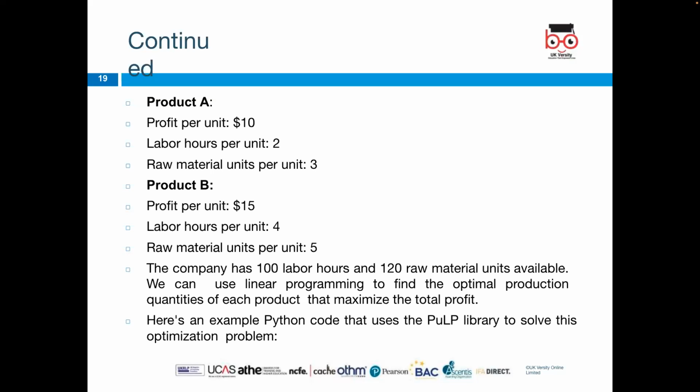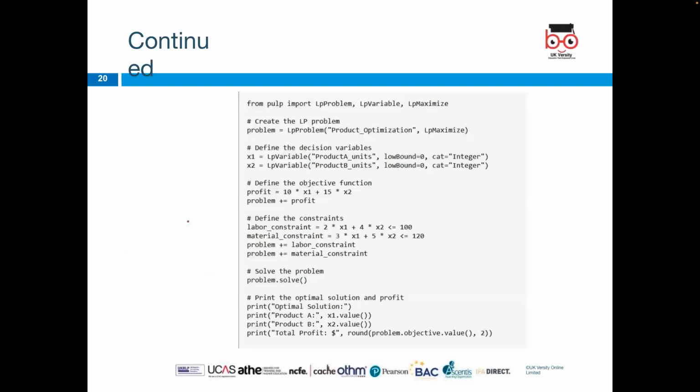We can use linear programming to find the optimal production quantities of each product that maximize the total profit. So we are going to look at an example of Python code that uses the PuLP library to solve this optimization problem. We import the library, and after importing it, we put in the product optimization and have it maximize.